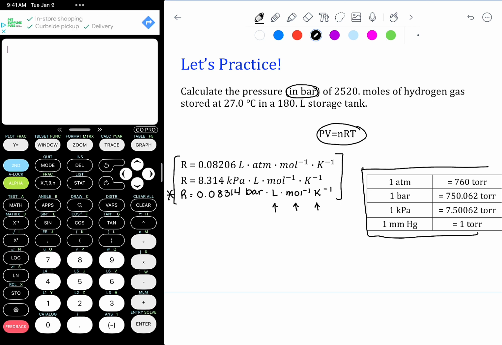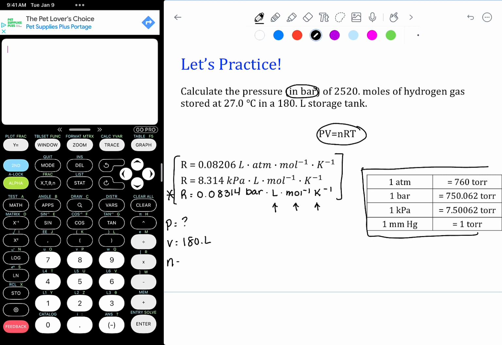Now, if you wanted to practice your conversions, you are more than welcome to go with any R value that you feel comfortable with, and then getting the pressure in that R value and then converting to bar. So here we're going to define that pressure is what we're looking for. P is a question mark. V is the volume, which is going to be 180 liters.